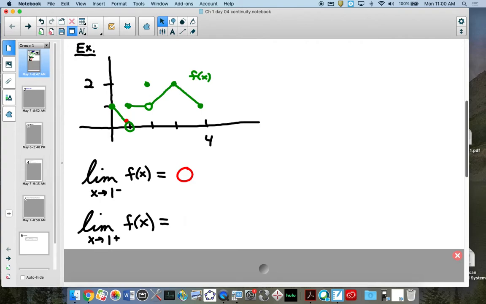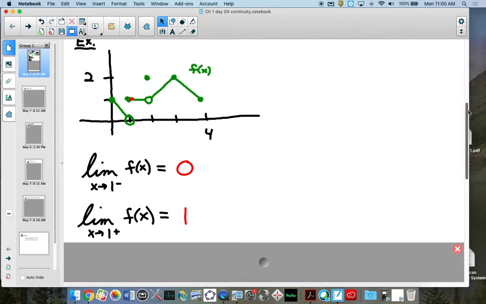What's the limit as x approaches 1 from the right of this function? Moving along this way, approaching 1 from the right, that's constant, so that limit is just 1.